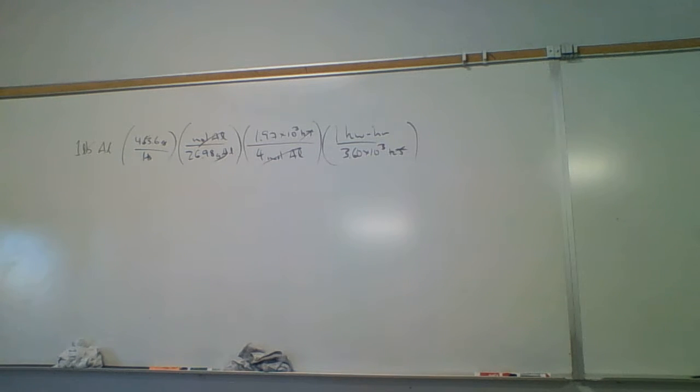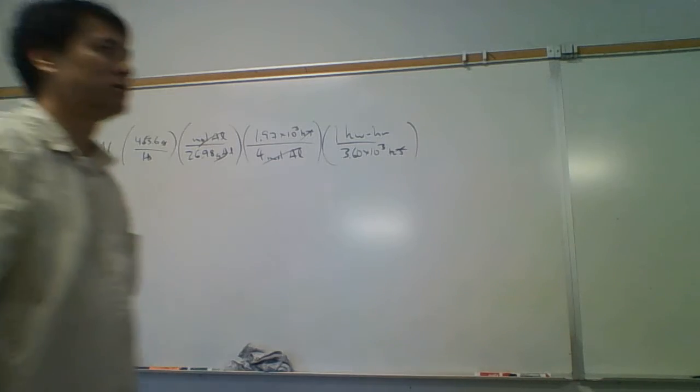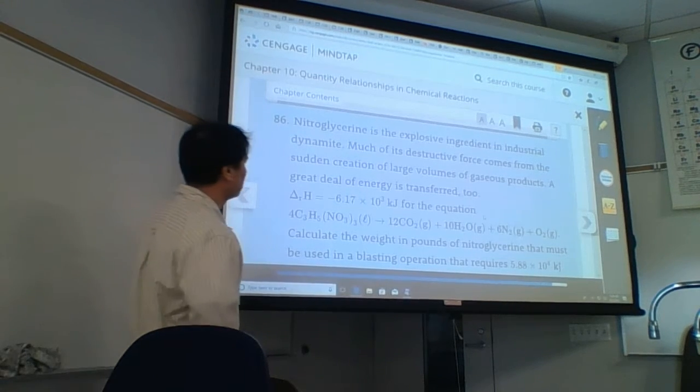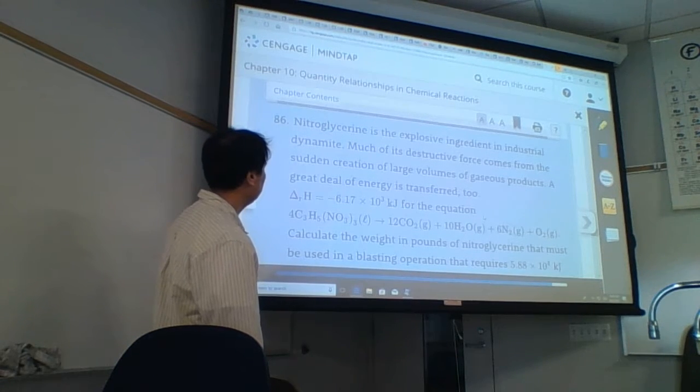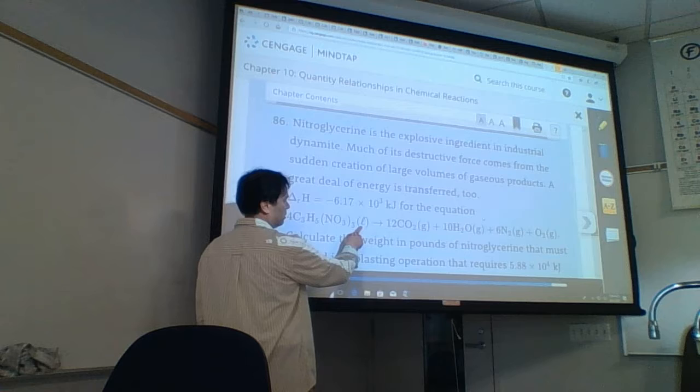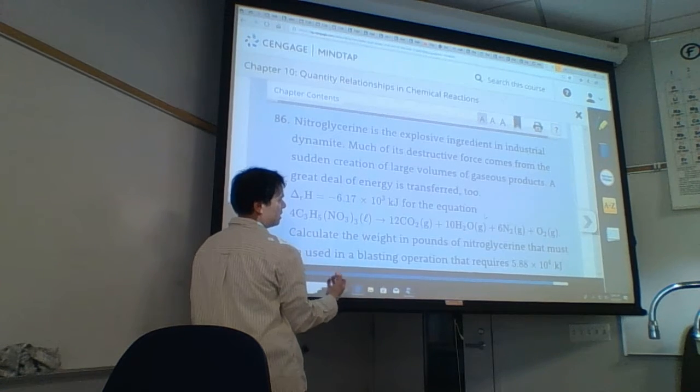All right, nitroglycerin is the explosive ingredient in industrial dynamite. How much of its destructive force comes from the sudden creation of large volumes of gaseous products? So what happens is when nitroglycerin decomposes, liquids don't contain that much volume.